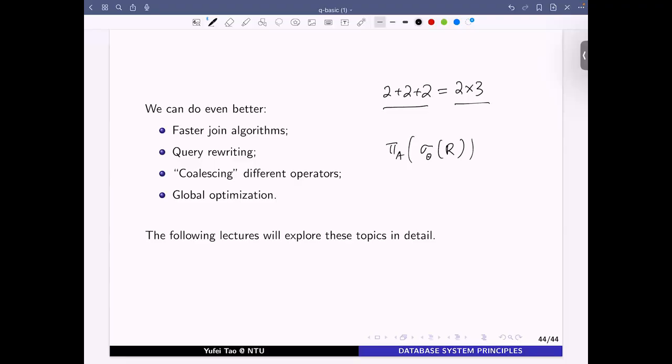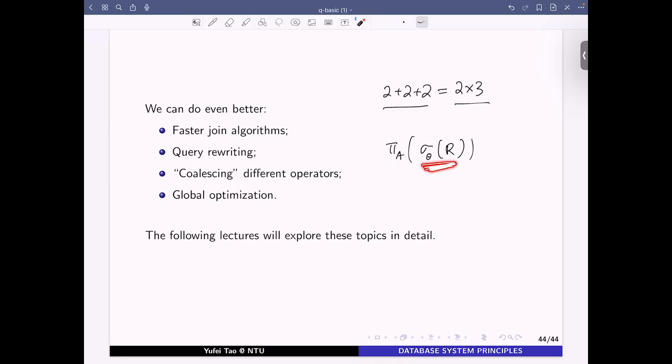Currently we process one operator at a time. We first process this operator, and then you cannot display the output on screen, because you have to save it into one file so that this file can be fed into the next operator. So you will have an intermediate relation here.